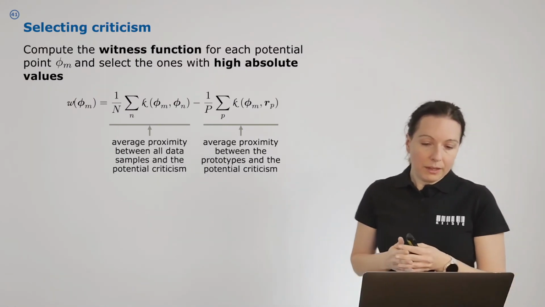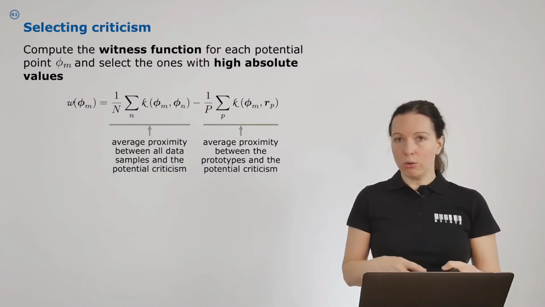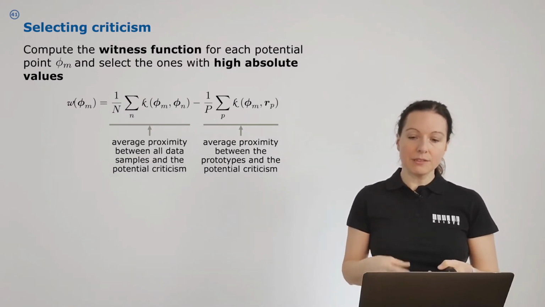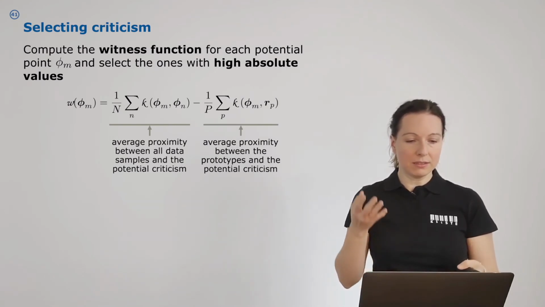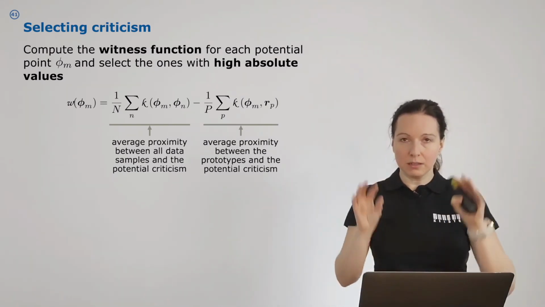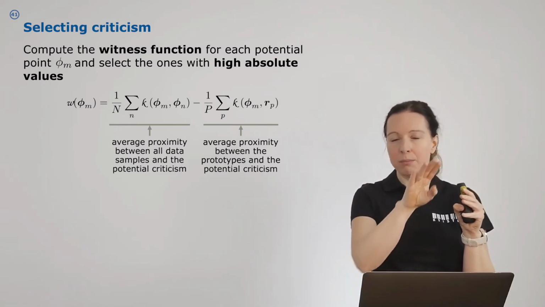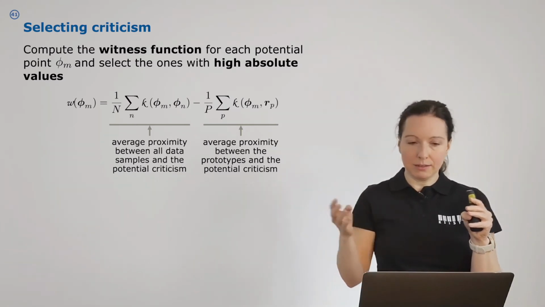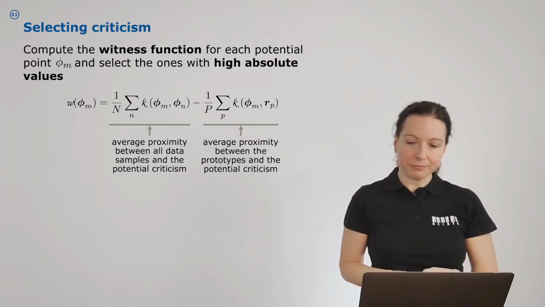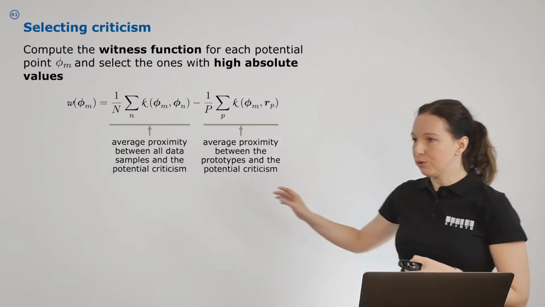So for the 2 data sets, the witness function evaluates how well phi m fits these densities. The witness function has 2 parts, and it computes how well phi m is represented by the prototype data set and by the whole data set. So these are exactly the 2 terms.